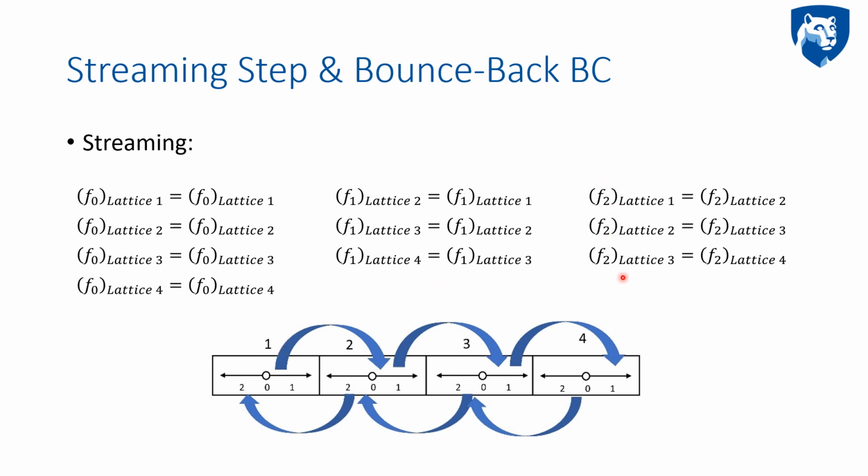And for f2 we would go in the opposite direction, so we update the value at the first lattice with the value from the second lattice, and then we update the second lattice with the third lattice, and so on until the last lattice.